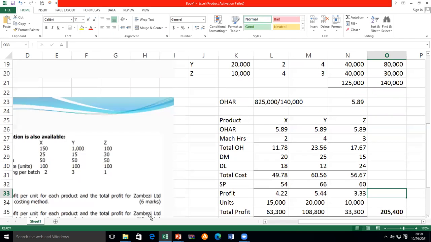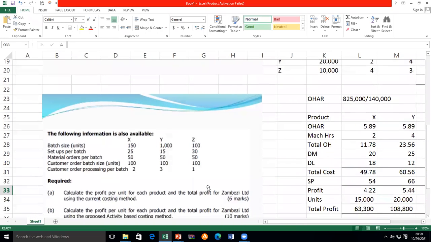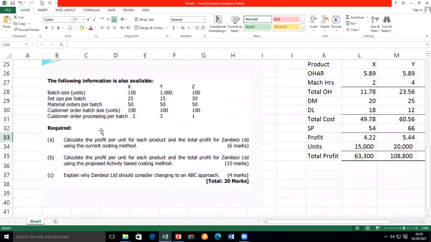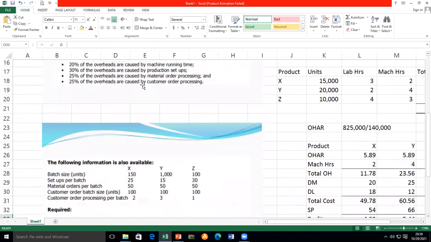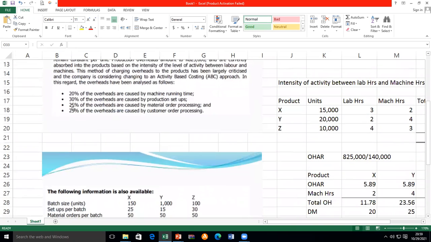The second bit now is your activity-based costing, where we need to identify the activities. This method of charging overhead to the product has been largely criticized, and the company is considering changing to an activity-based costing approach. In this regard, the overheads have been analyzed as follows. 20% machine running, 30% production setup, 25% material order processing, 25% customer order processing.